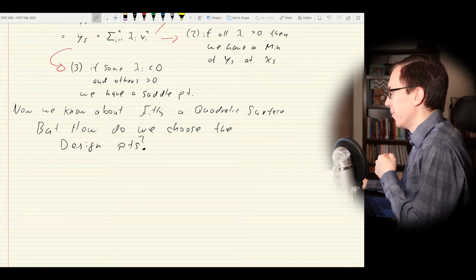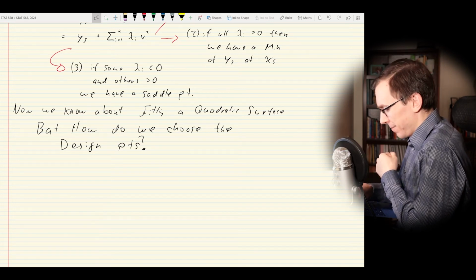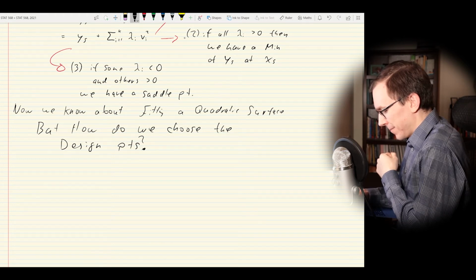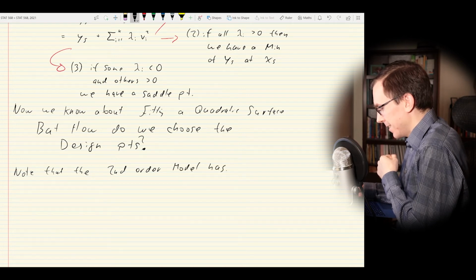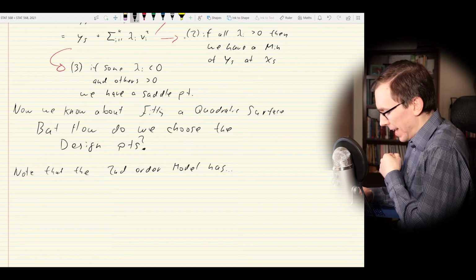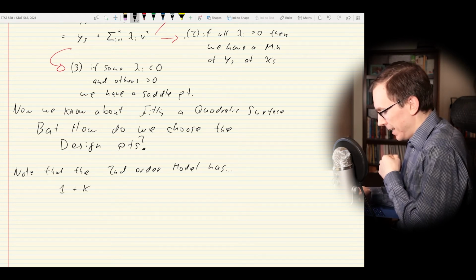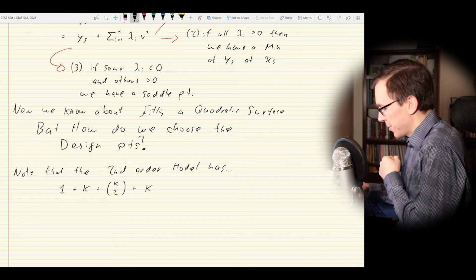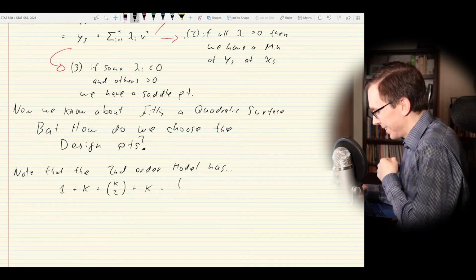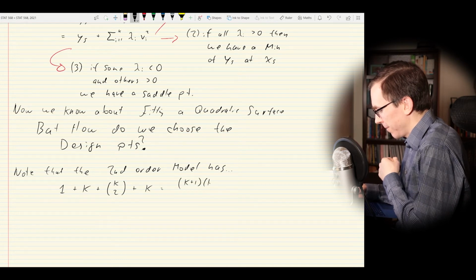All right, so what are we going to do? Well, let's count. Note that the second order model has how many parameters? It has 1 plus k plus k choose 2 plus k parameters, which is going to equal, if you do the math and simplify it, (k+1)(k+2)/2.